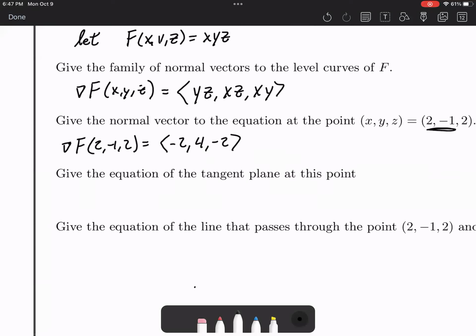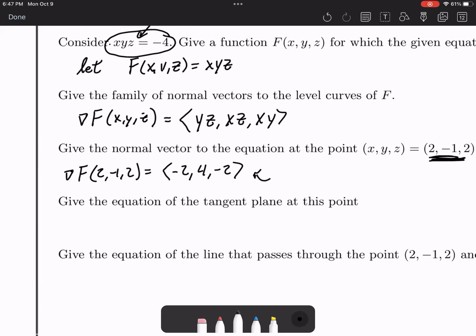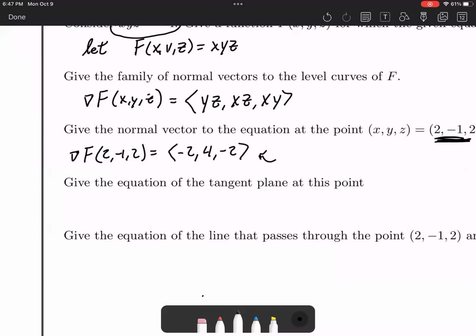Okay, next part. Give the equation of the tangent plane at this point. Well, I have the normal vector, and that is the normal vector to this specific level curve at that point, right? And we know what planes look like.